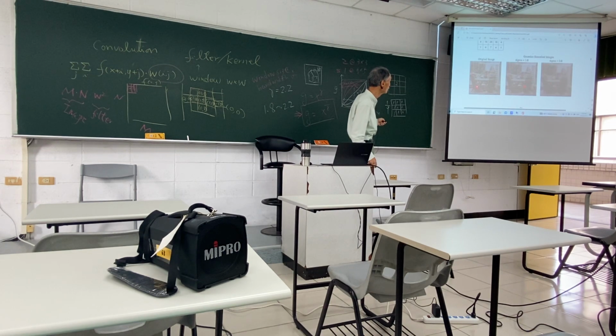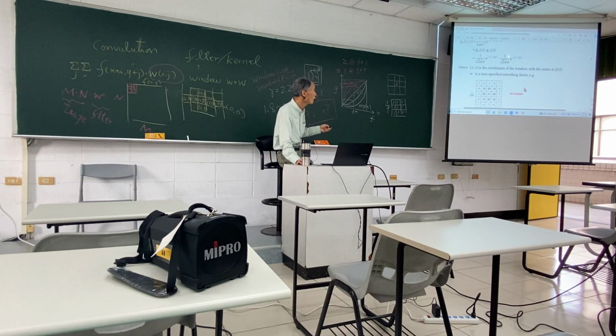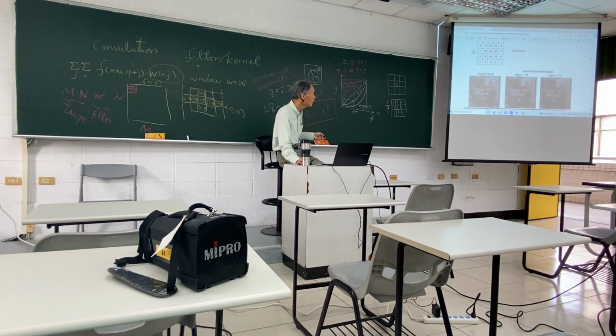Of course, this may not be a good example because you don't see too much noise here, but anyway, that is how it goes. So always remember, OpenCV will provide the filter. The user determines the window size and the bandwidth, and it will come up with this window for you automatically. So that's a weighted average filter.